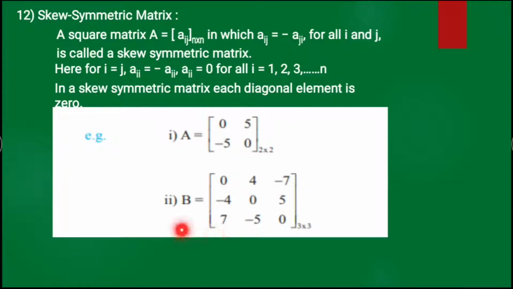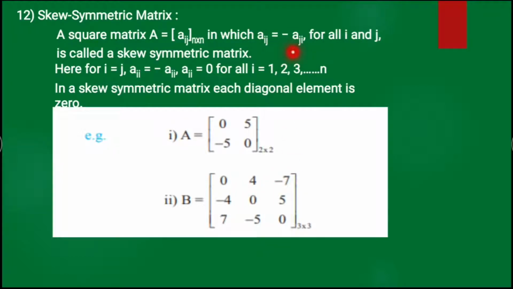Now see the second example, matrix B. All diagonal elements are 0 0 0, and if we observe the non-diagonal elements, here 4 has position 1 2, this minus 4 has position 2 1, this minus 7 has position 1 3, and this plus 7 has position 3 1. So minus 7 and plus 7 are the same but with opposite sign.